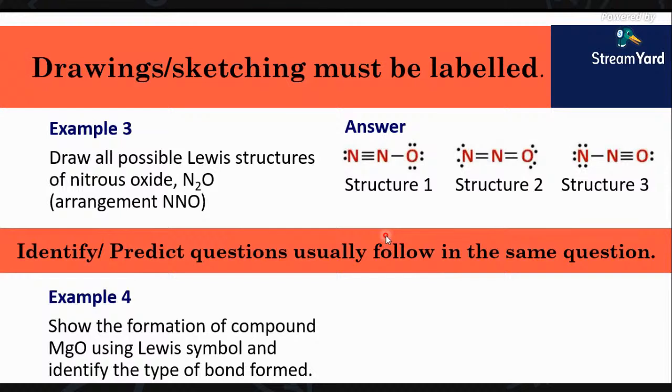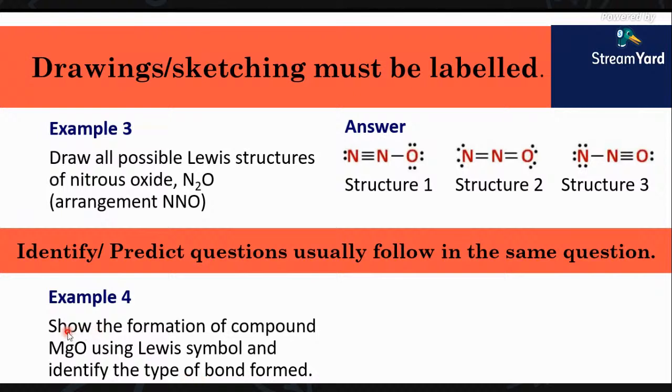How about the identify and predict questions? These kinds of questions usually follow in the same question. If you see the example here, the first part says show the formation of compound magnesium oxide using Lewis symbol and identify the type of bond. The take-home note is that you must read your question fully until the end.